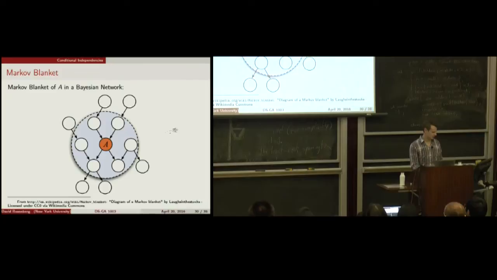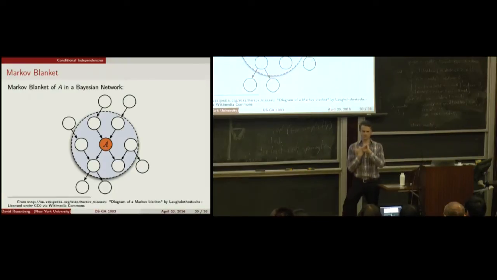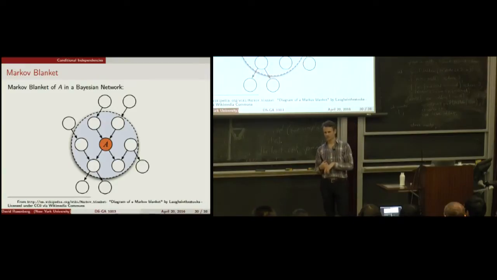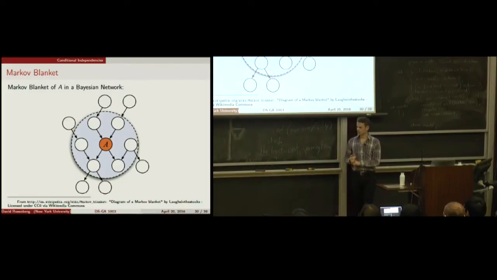So here's a picture of what that Markov blanket looks like. Here's A. How would you describe the nodes connected to A that we need? We certainly would need the parents of A, right? Because those give very direct information about A. How about the children of A? Sure, the children of A can often give a lot of information about A. Anything else?